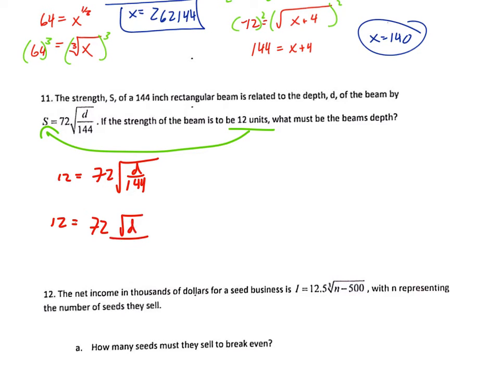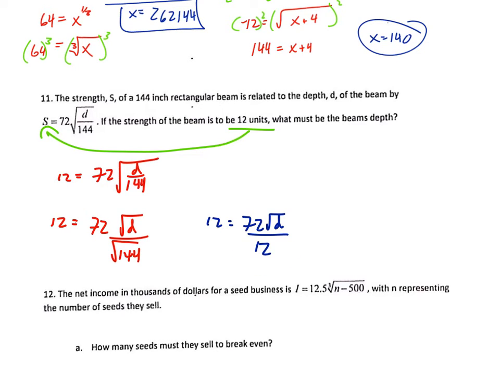So now you've got 12 equals 72, and if we have a radical with a fraction inside, we can put that sign on top and on bottom. And now it should be clear to see that we can simplify the square root of 144 to just 12. So again, the square root of 144 just turned into this 12 here. And now you can do several things again. We can multiply the 12 by both sides. You can do 72 divided by 12, which is what I'll do here.